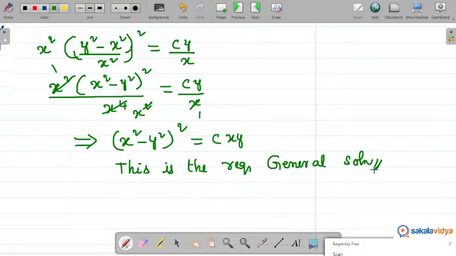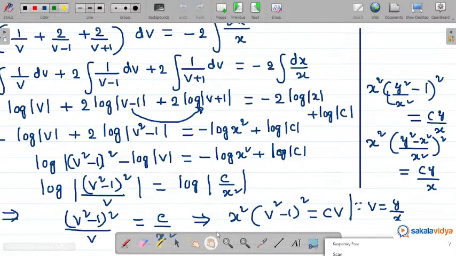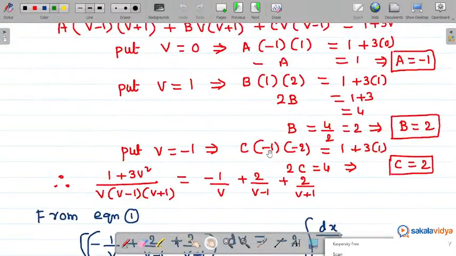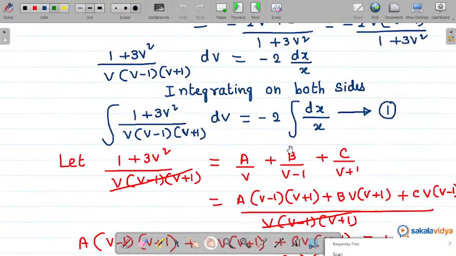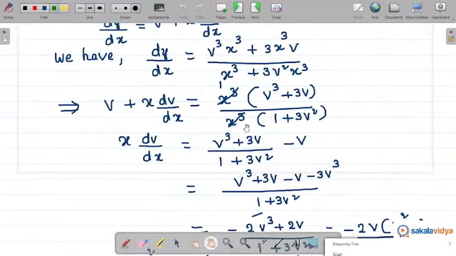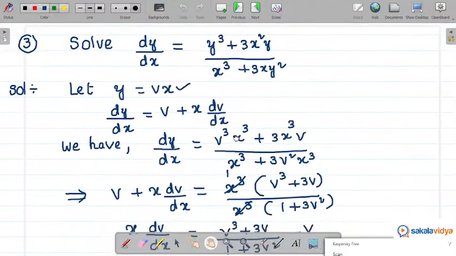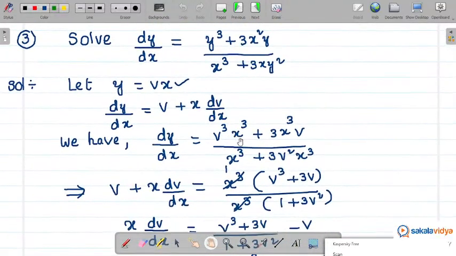So very interesting problem. You should be familiar with partial fractions also in order to solve this problem. So you can check step by step once again. I will explain the same problem tomorrow also. Just go through once again.